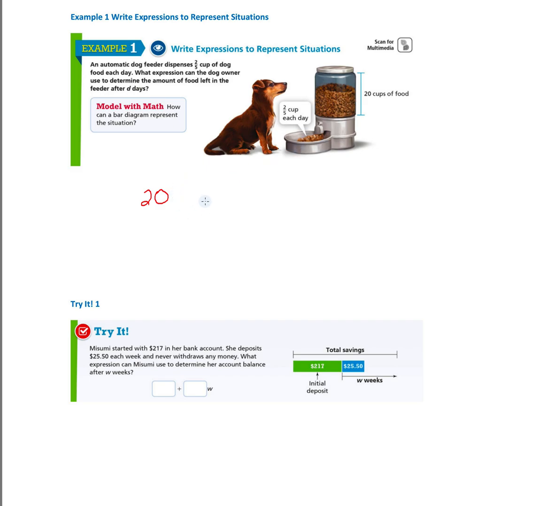So the operation I'm going to use is subtraction, because I'm going to take away. And I'm going to take away 2/5 of a cup each day. So I'm going to write that as 2/5, and then however many days tells me how many 2/5 to take away. So I'm going to do that as a multiplication. So 20 minus 2/5 D, this is how much food will be in there after a certain number of days.